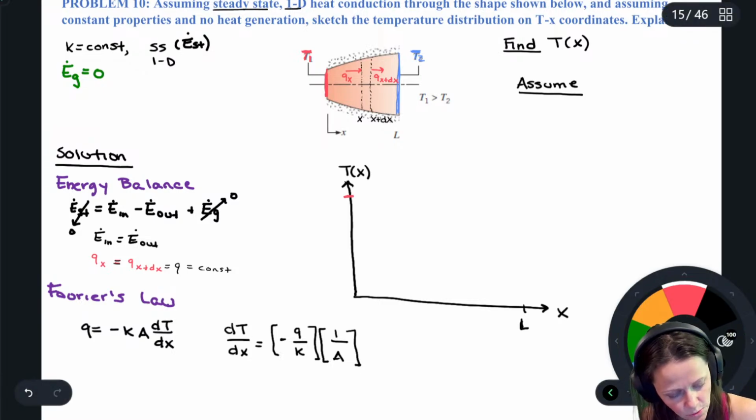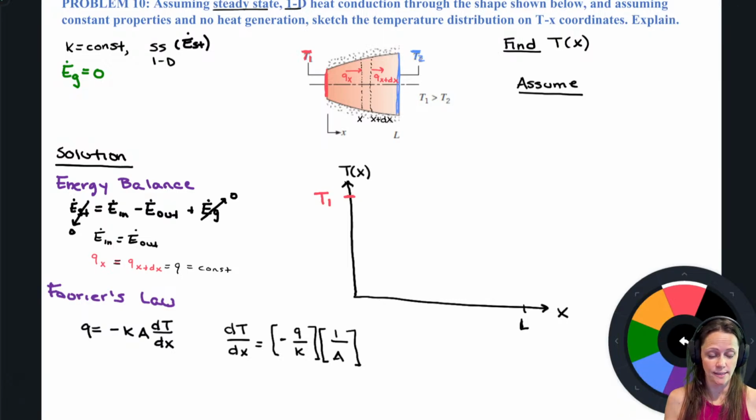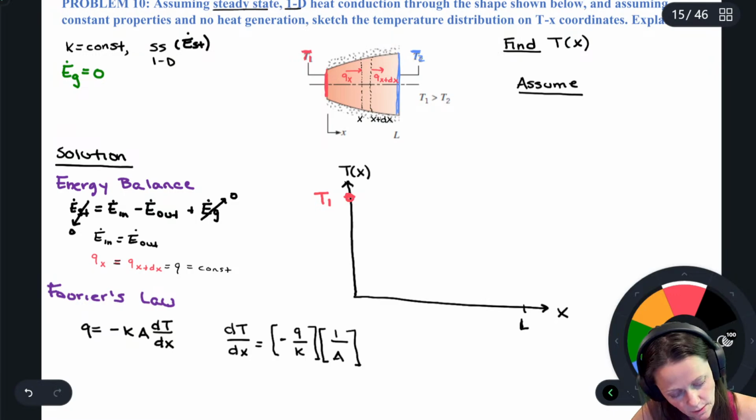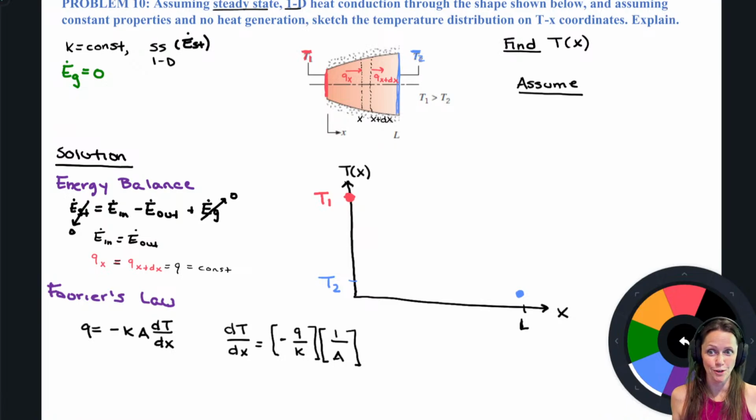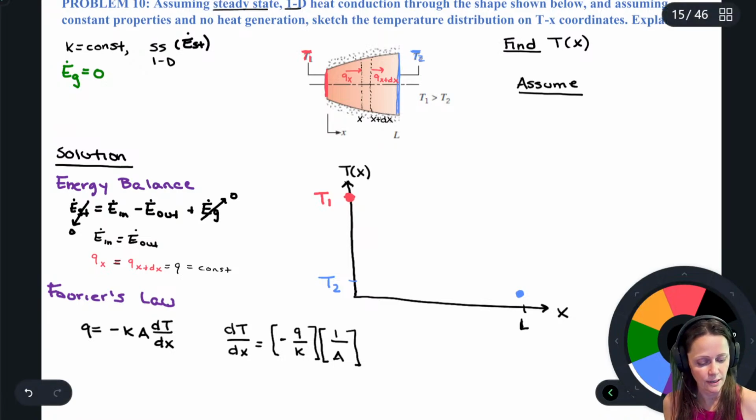I'll have the highest one, which is T1, and that's the temperature at x equals 0. And then I'm going to have T2, and that's going to be at x equals L. Now I've got to figure out what goes on in between there, and that's where this guy is going to come in.